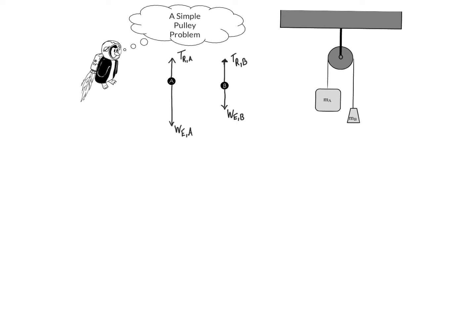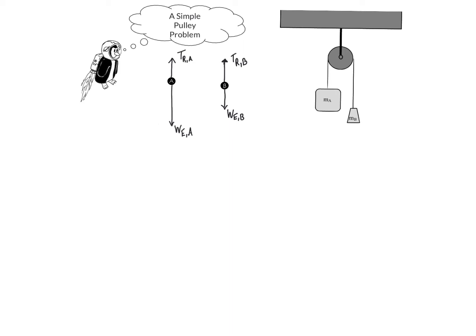Now that we have our two force diagrams, it's time to write out the force equation using the second law. But before we do that, we should have a discussion about direction. We know that A, if it's the more massive one, should fall down, and B would go up. So they're in opposite directions if our coordinate system is outside of the system.